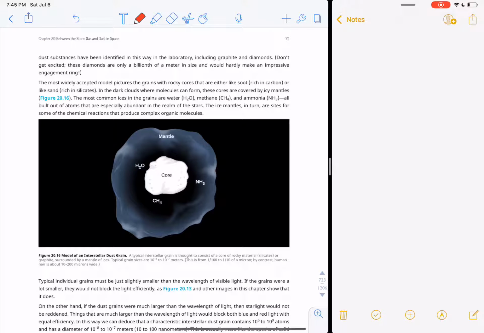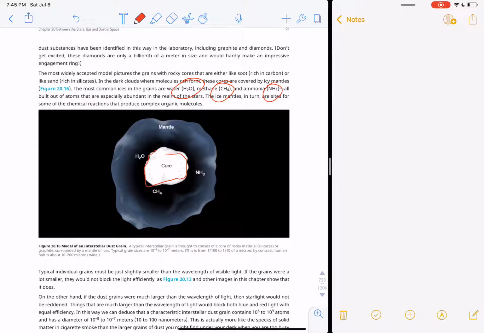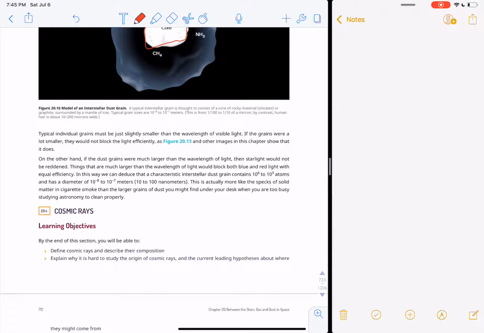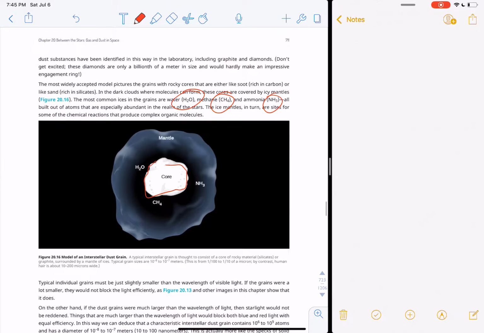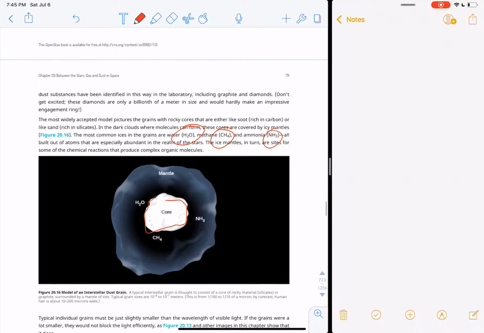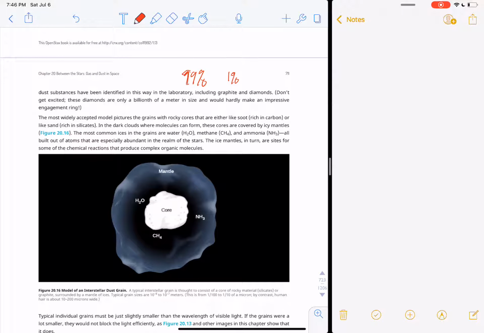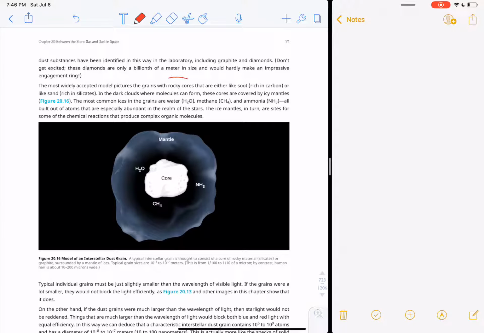Enough of these things get together, you could have H2O build up enough to fill the oceans of Earth with water, or it could come from comets that hit the Earth and deposit the water the same way. Okay, so anyway, this is just another thing to be aware of out there in space. So remember, we've got 99% gas out there, 1% dust, and some of that dust is these little grains that could be responsible for depositing the water on the Earth.